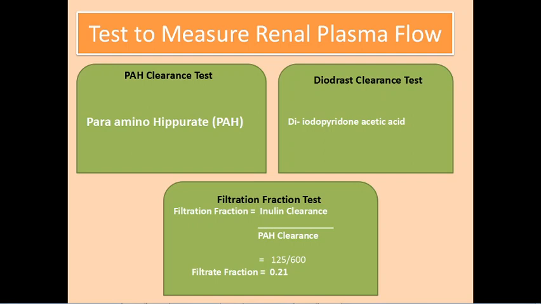The normal range of filtration fraction in adults is 0.16 to 0.21. The filtration fraction increases in the malignant phase of hypertension, when the decrease in RPF is greater than the decrease in GFR. The filtration fraction declines progressively in glomerulonephritis due to a greater decrease in GFR than RPF.